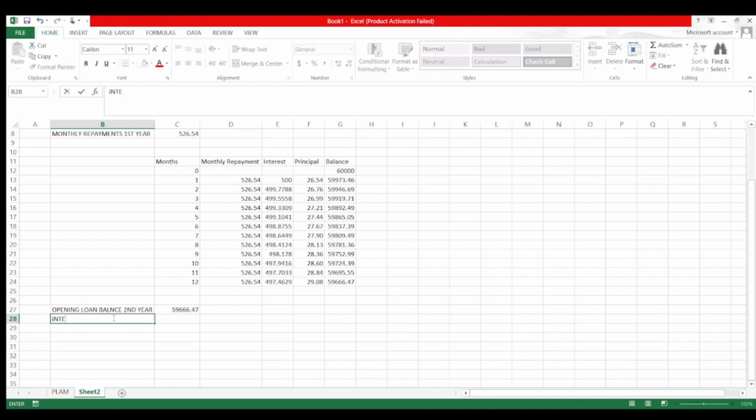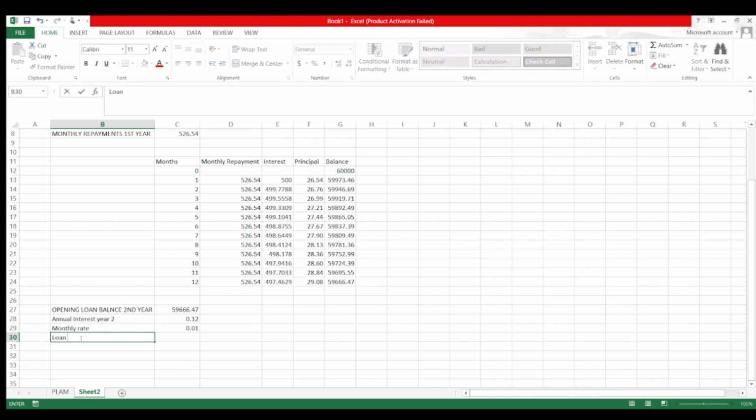But the interest rate now has changed, and this is the annual interest for year 2 has changed to 12%, which is 0.12, which means the monthly rate is now 12 divided by 12, which is 1%.